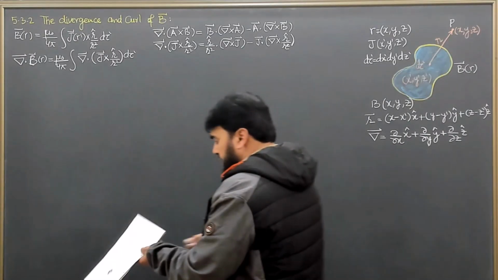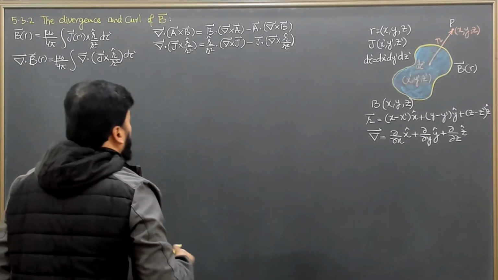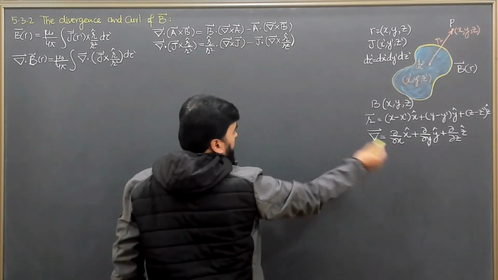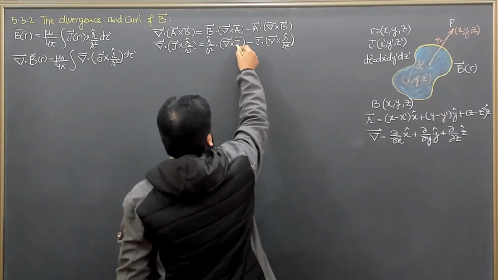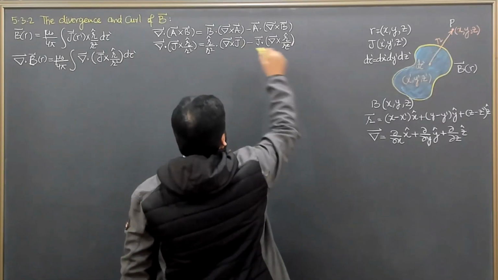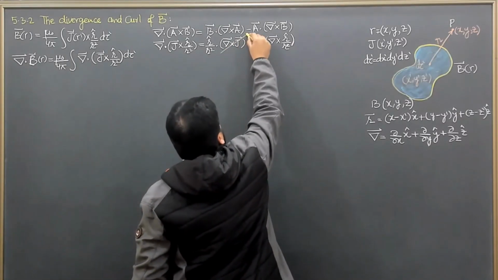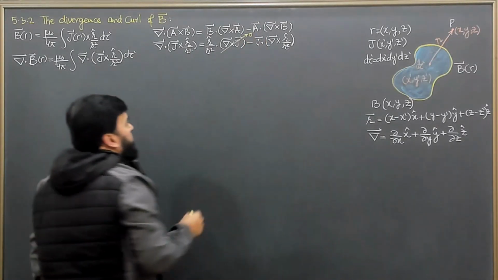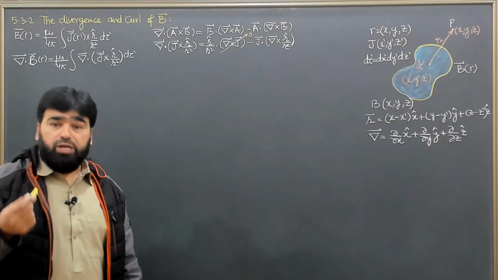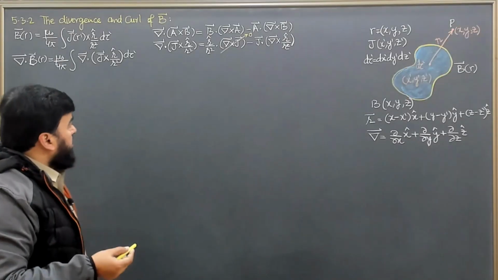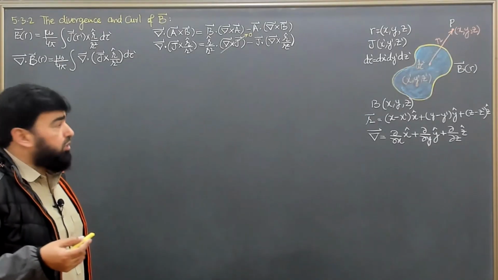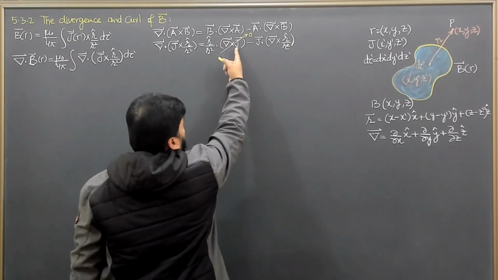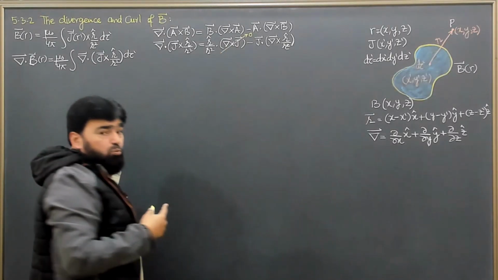So if I look at this term, del cross J: now del is with respect to unprimed coordinates and J is in primed coordinates. So del cross J will go to 0, because J is not depending on the unprimed coordinates.